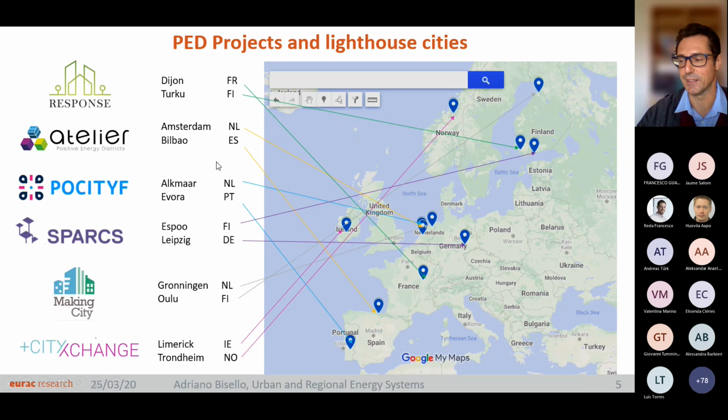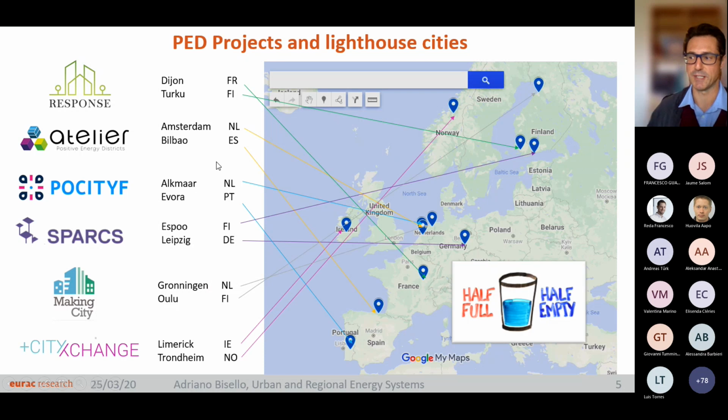And here is a point that I would like to stress, in a provocative way: if we look at the European map, we see that it is half full of lighthouse cities and half empty. So we will probably need to better balance the showcase of the demo projects in the next years and in the next calls.